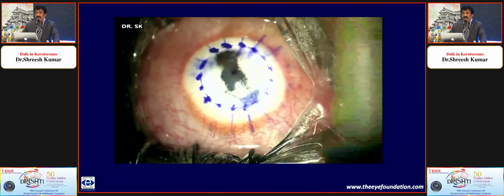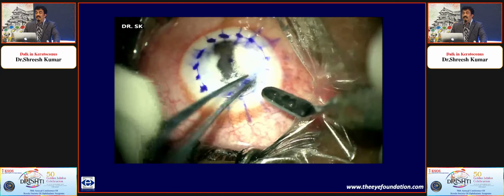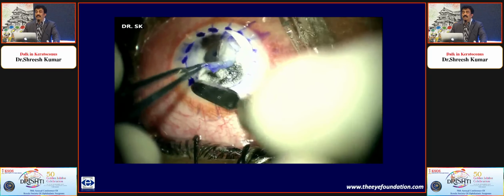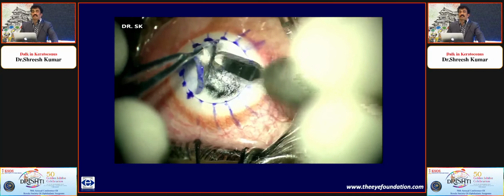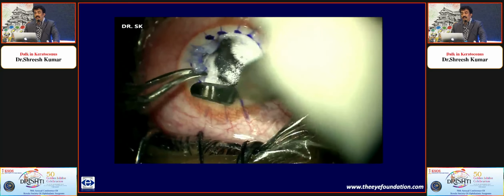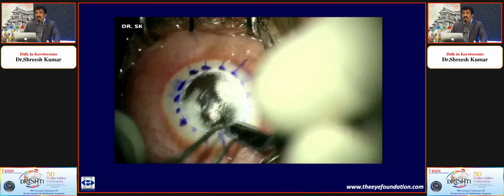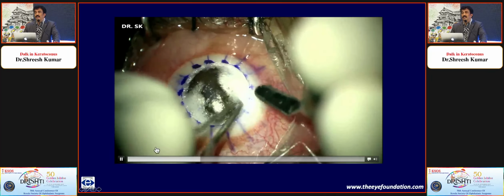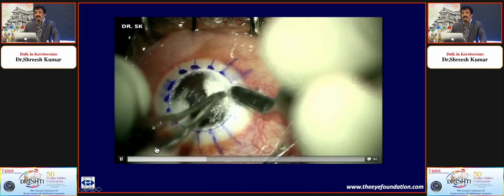So here I am injecting air into the stroma, not to create a big bubble. It is just to create an emphysema of the cornea, and that helps me in dissection. And all these multiple bubbles, they act as a guide.